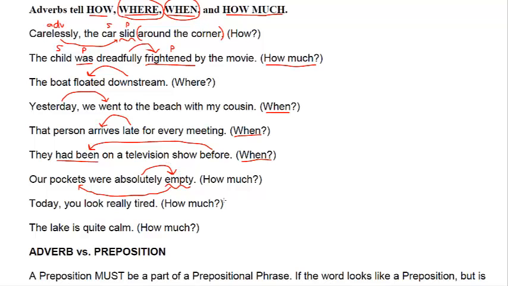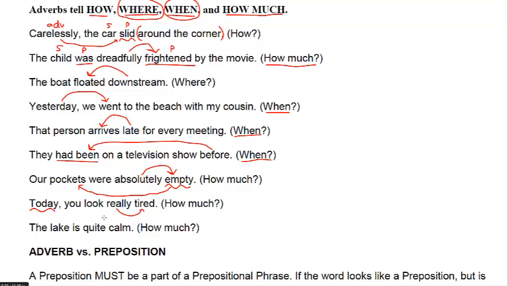In this next sentence, we actually have two adverbs happening here. How tired? Really tired. Really is a word modifying an adjective, tired, because tired modifies you. So this is an adjective modifying you, and really is modifying that adjective, which makes really an adverb. We also have this word today.